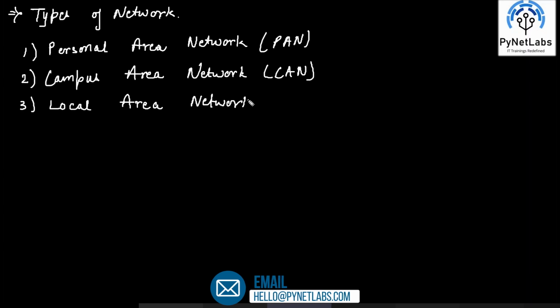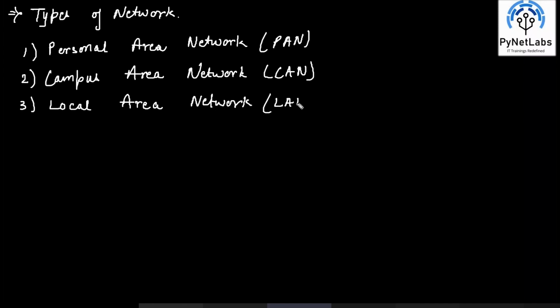This can be configured in small offices, and any network within the range of, let's say, 100 meters can be considered a local area network. Then we have the metropolitan area network.